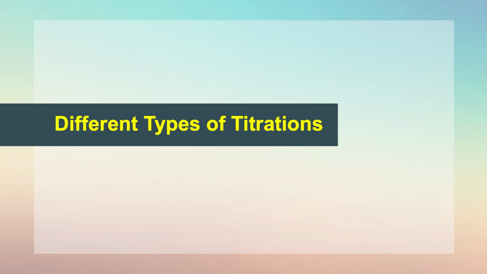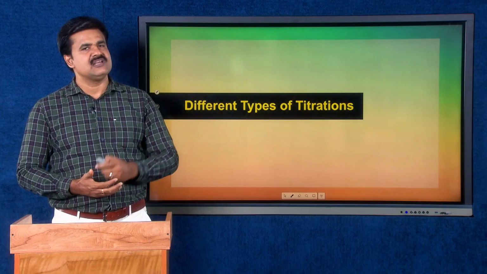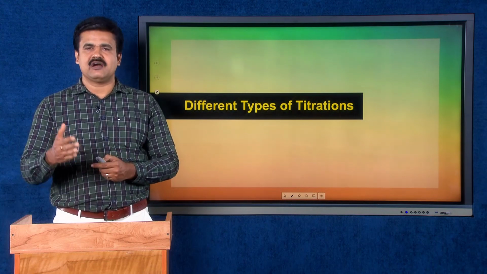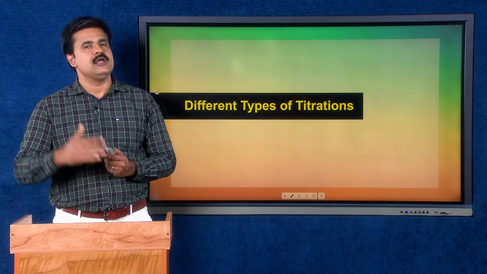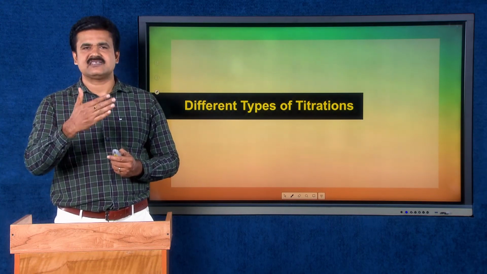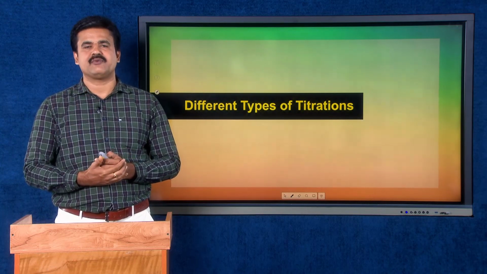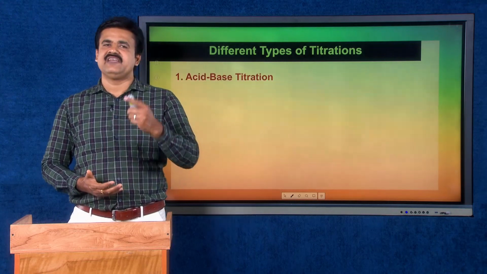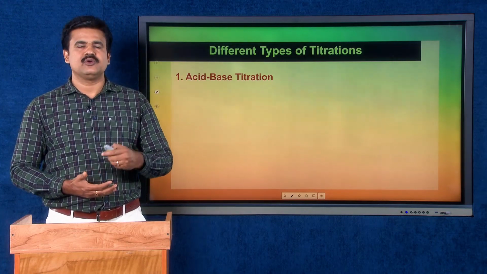Now we are considering different types of titrations. We heard this title in the previous module, and in this module we have to focus on acid-base titration. Prior to that, we will have an overview of different types of titration as a revision concept. So, the various types of titrations include the following.